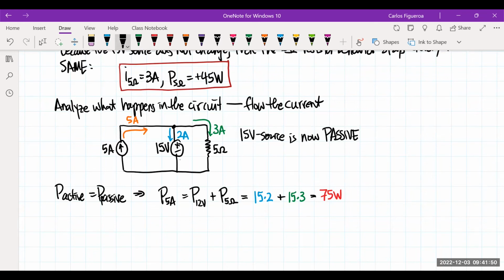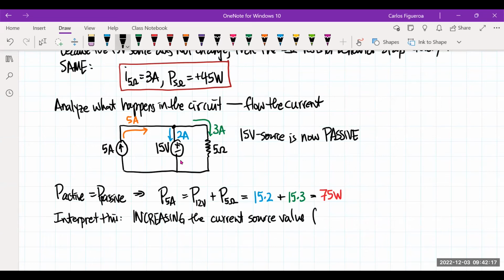So as an observation here, if I start to interpret this, this is what I see here: increasing the current source value forces the 15-volt source to become passive.